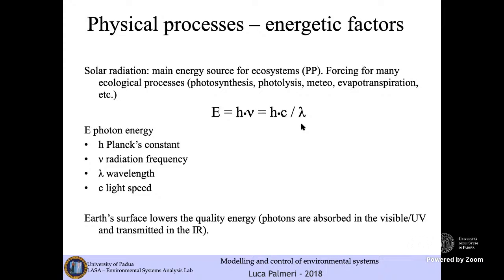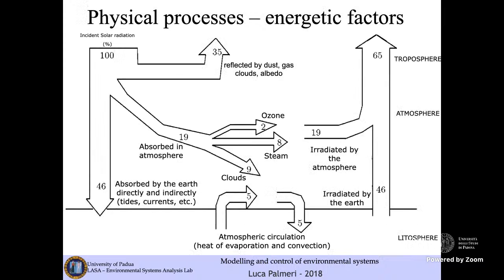Ecosystems, and in particular the ecological systems on the surface of our planet, have the quality of transforming high quality energy coming from solar light, solar radiation, into lower quality energy that we may call infrared energy.